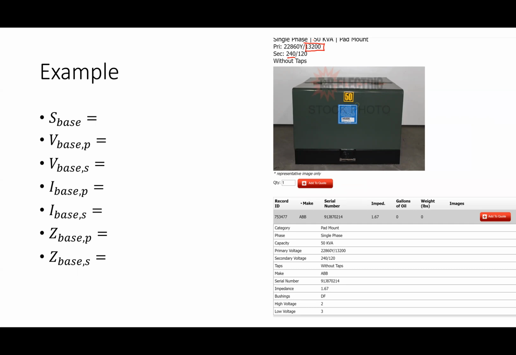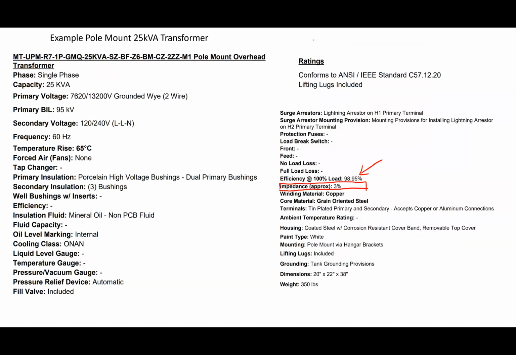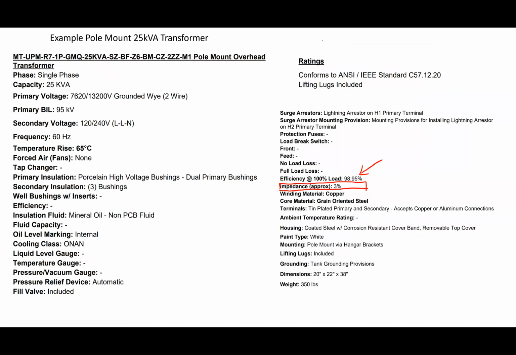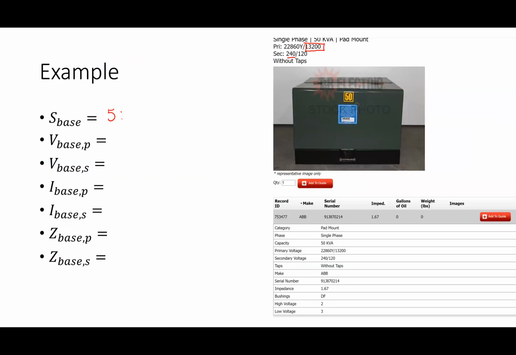So I can think of this little connection of 9 customers right here as basically being a little power system. And I'm going to say that the rated power is 50 kVA. That's going to be my base. The primary voltage is going to be 13,200 volts, and the secondary voltage is going to be 240 volts. Real typical residential stuff.